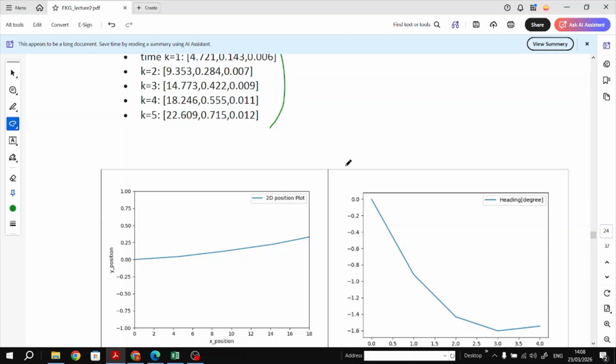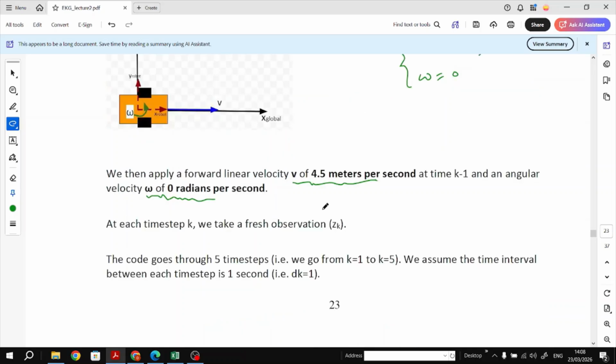Even though you are moving only in the x direction, you still see some position changes in the y direction as well. This is only due to the sensor noise.